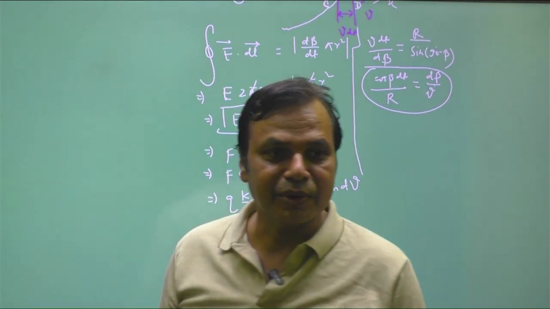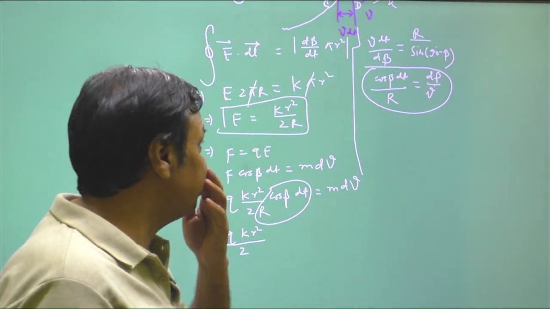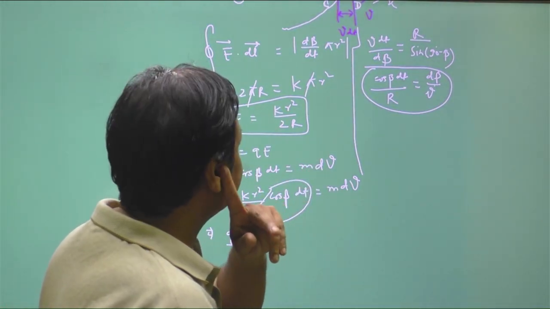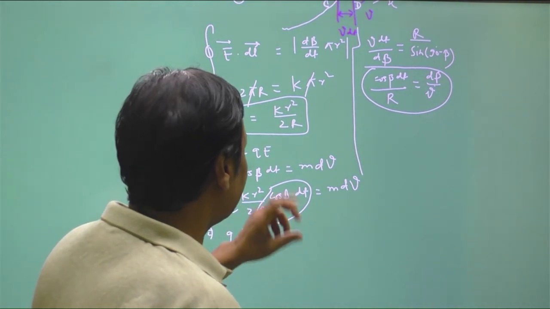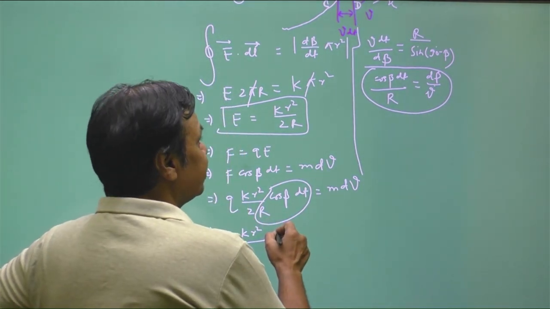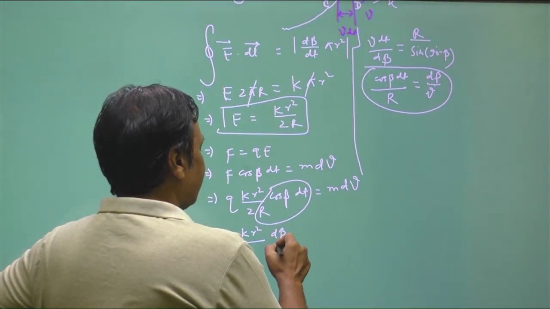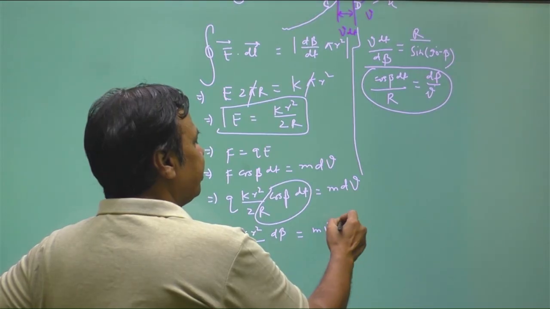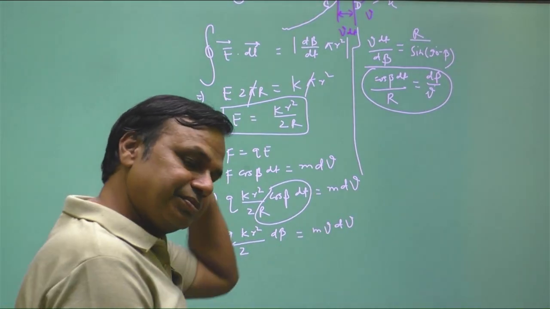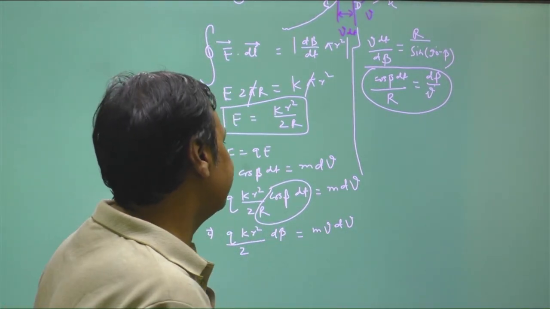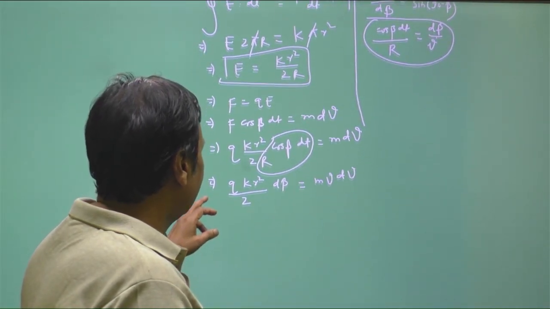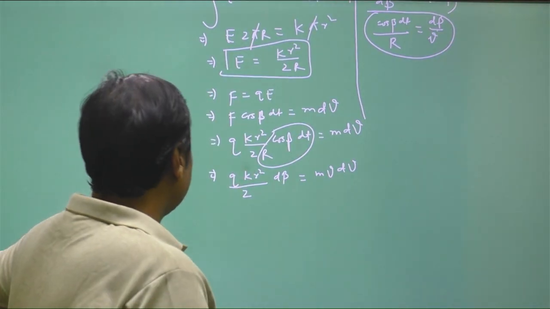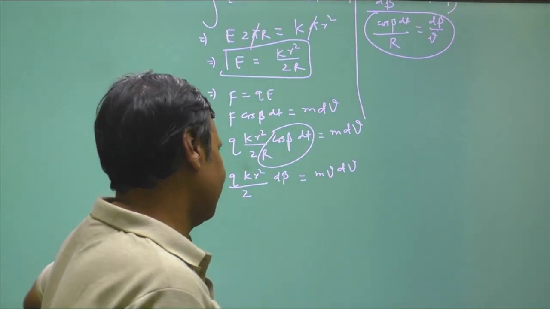K is not 1 by 4 pi epsilon naught, K is some constant. I can write here cos beta dt upon R equals d beta. Then dt is m upon q k r square, and I can write m v dv.